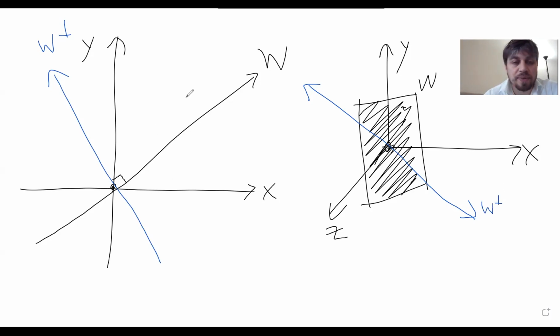If you have a line in 2 space, W perp is also one-dimensional. 1 plus 1 is 2. You have to keep in mind the space that you're living in. Here we're living in R3 on the right. Here we're living in R2 on the left.